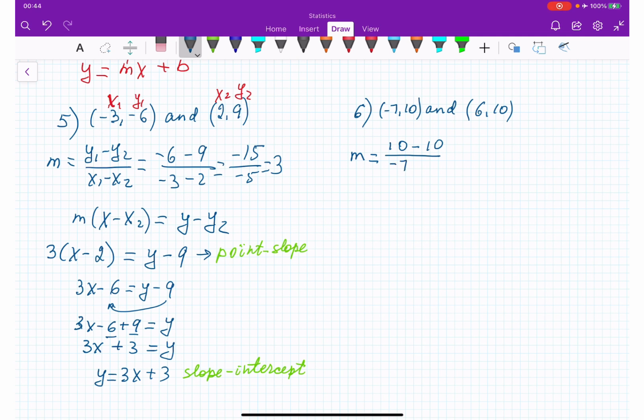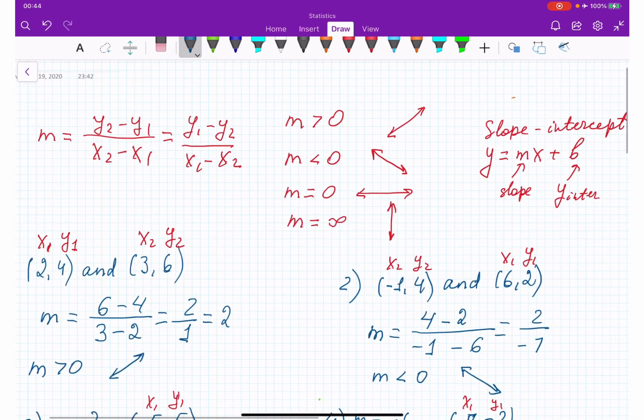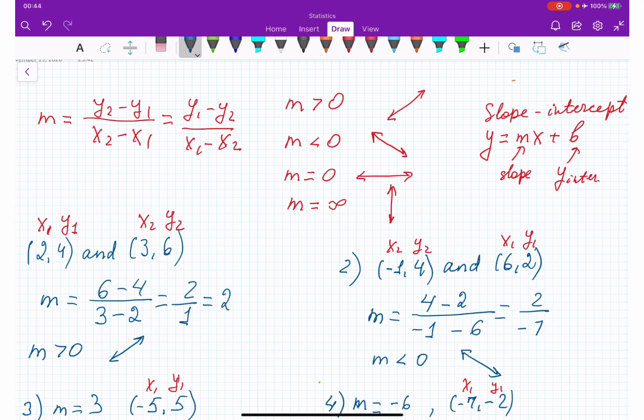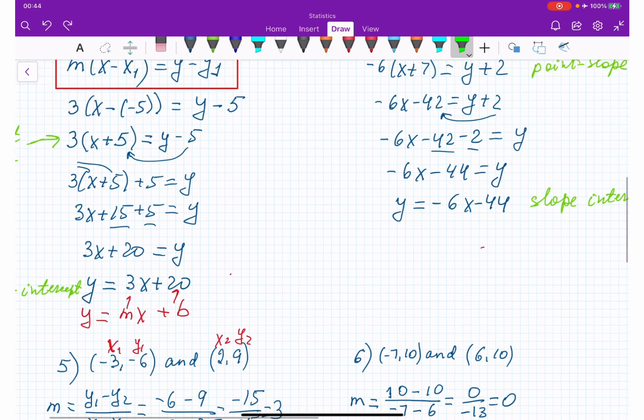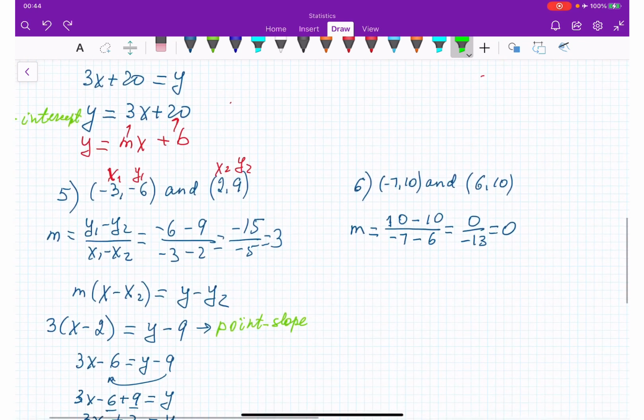Negative 7 minus 6. We are getting interesting information here. 0 over negative 13, which is equal to 0. Bingo. When we have m is 0, remember, let's go back here. m is equal to 0, we have a horizontal line, there is no slope. Yes? So we have a horizontal line.